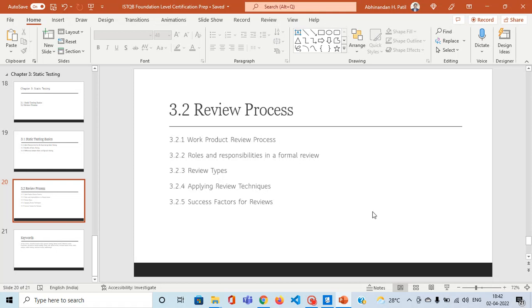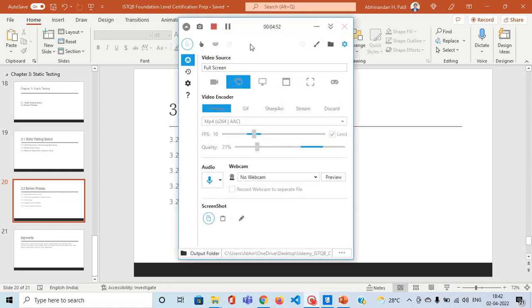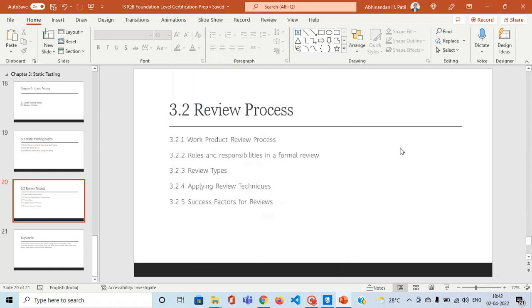Next is roles and responsibilities in formal review. So there will be authors involved, management involved, moderators, review leaders, reviewers and scribe. As we were discussing roles and responsibilities in formal review, basically, authors will be there, who are the creators of the work product, and they also fix the defects.